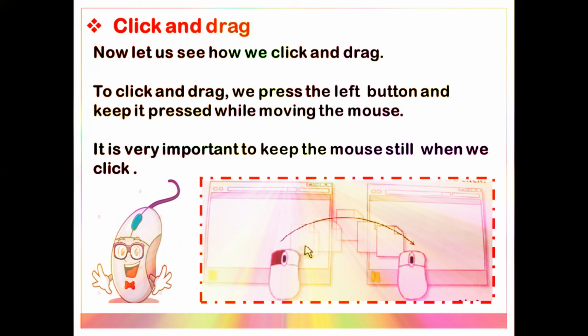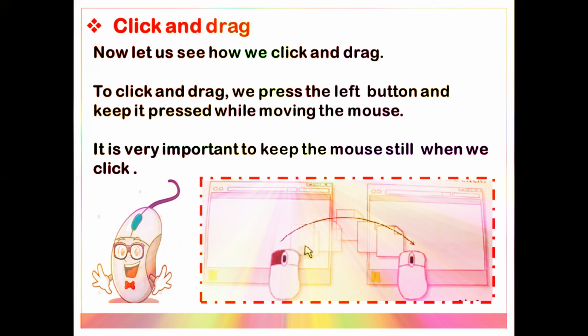First we need to click a particular object, then drag that object. That means we are dragging the mouse, we are not releasing the left button. We keep the left mouse button pressed and drag that object, and then we drop it at the particular place wherever we want that object to be placed. This is basically used for moving an object from one place to another using the mouse.